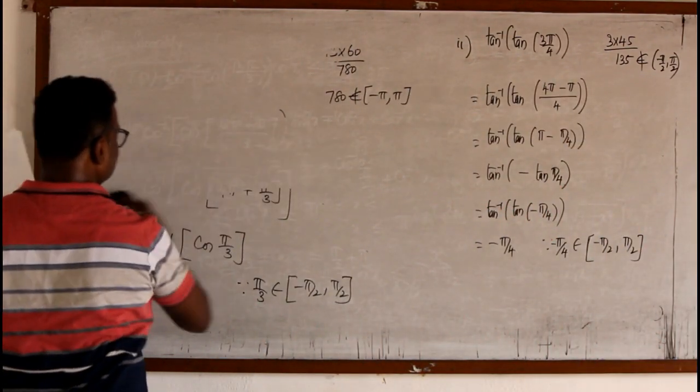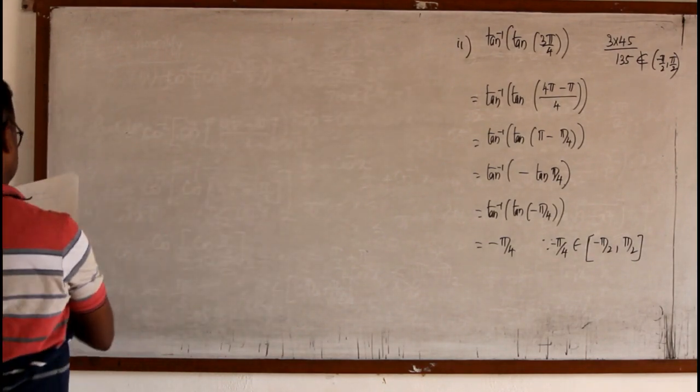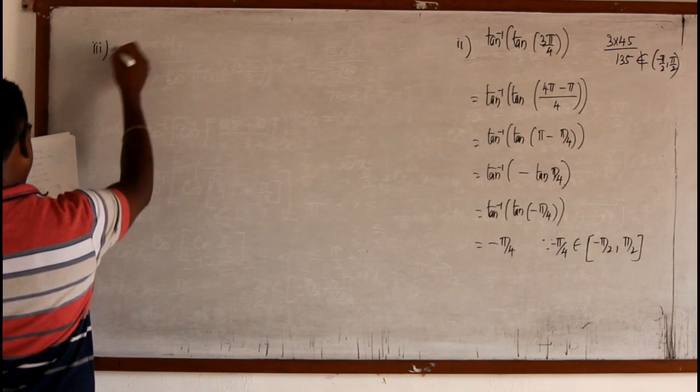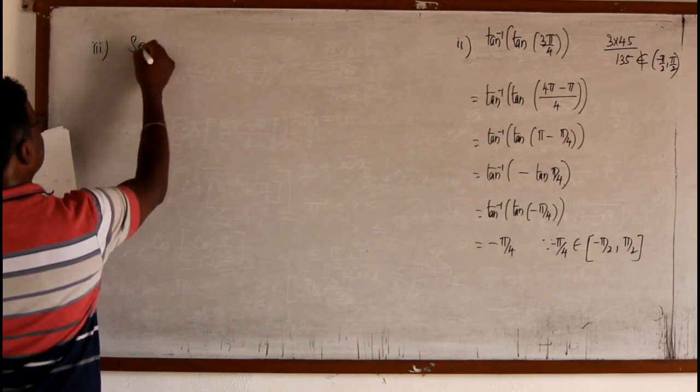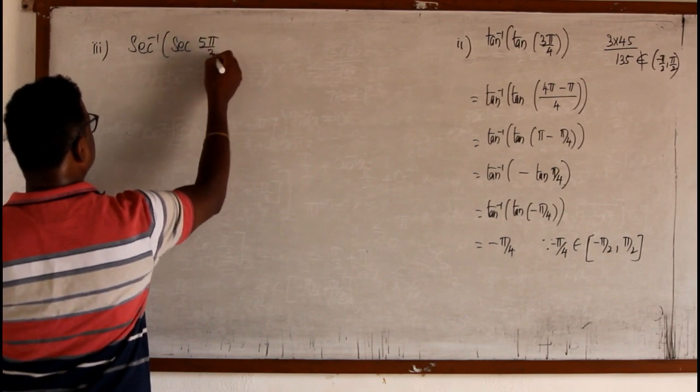Now, third problem. Under example 4.17, secant inverse of secant of 5 pi by 3.